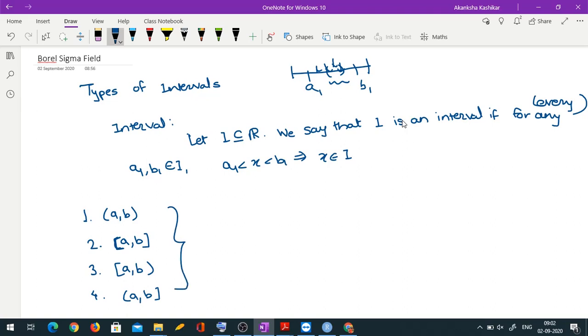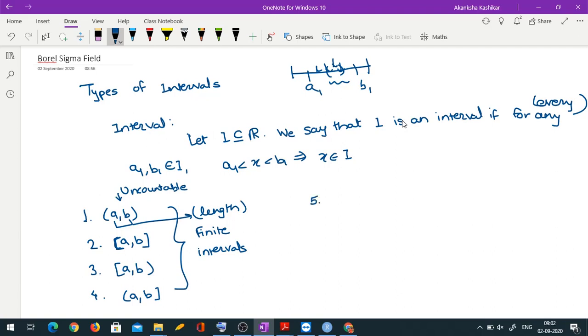So these are basically finite intervals. Now when I say finite intervals, they are not finite sets, because every interval we know is an uncountable set. There are too many things in there. But when I say finite interval, I mean finite in terms of length. Okay. So the length is b minus a, it's a finite number.